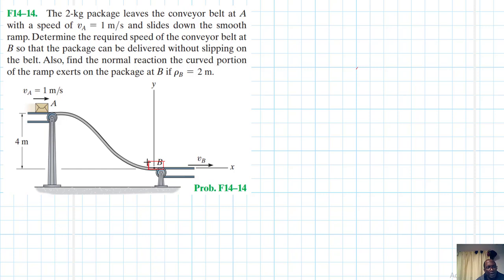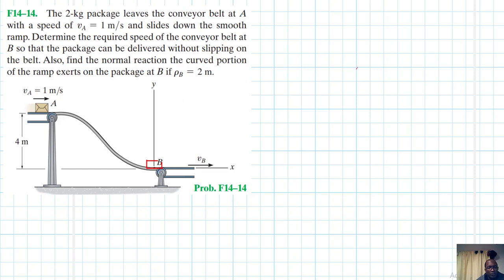So that is our package at B. Maybe let me remove those lines. Okay, maybe I use straighter lines like this.